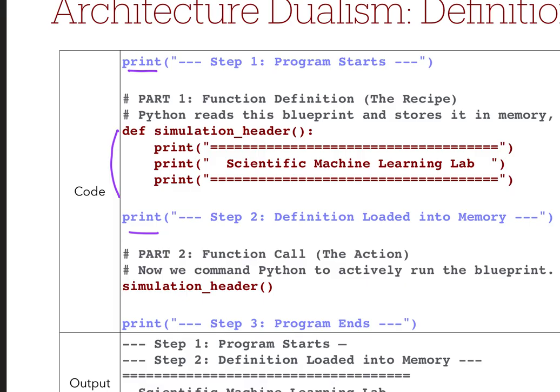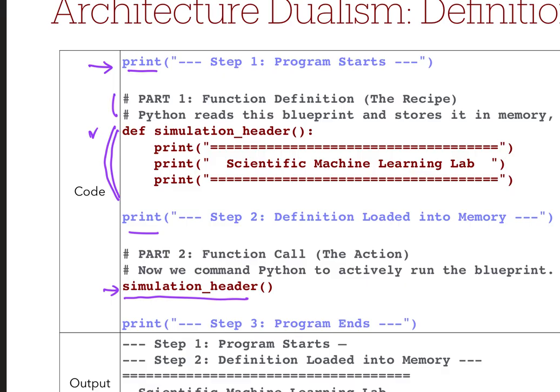Then if I type the name of the function followed by parentheses, this actually calls the function. Even though the definition is above, the Python interpreter will run this print line and skip the definition.